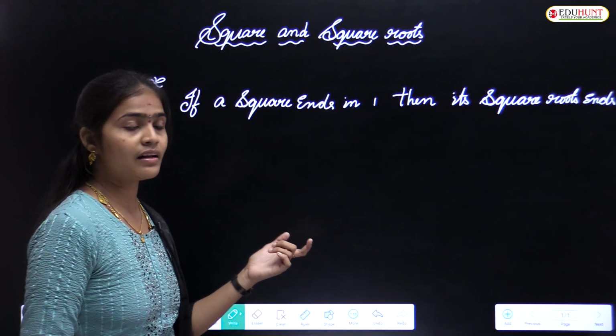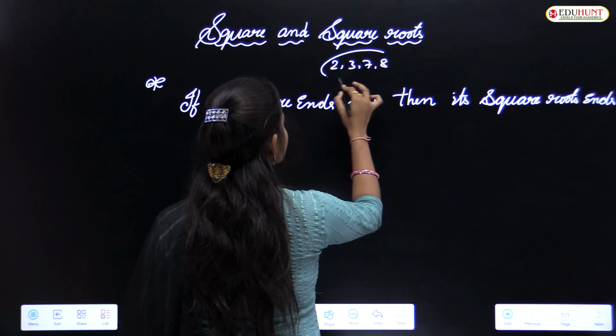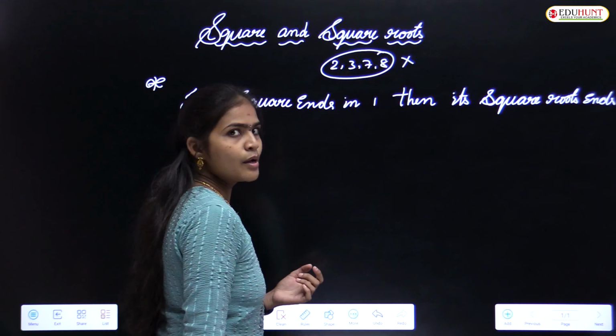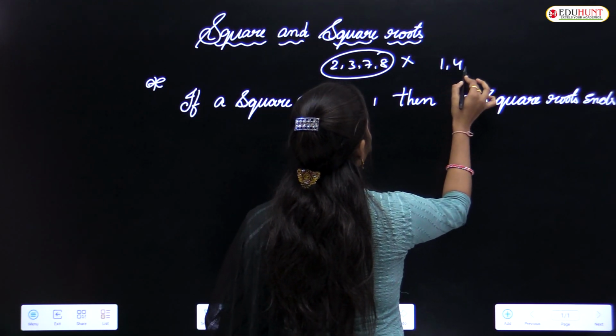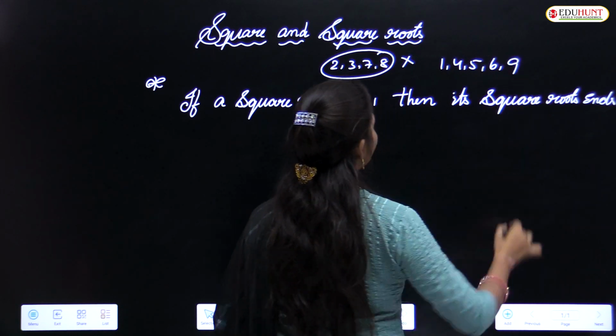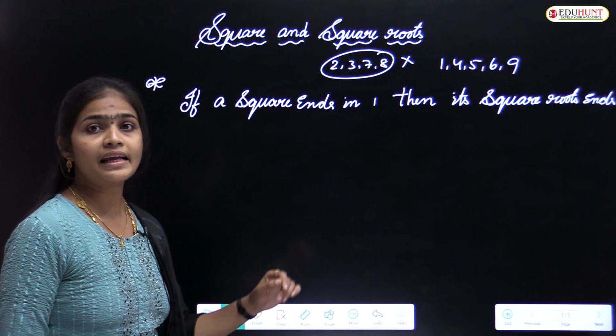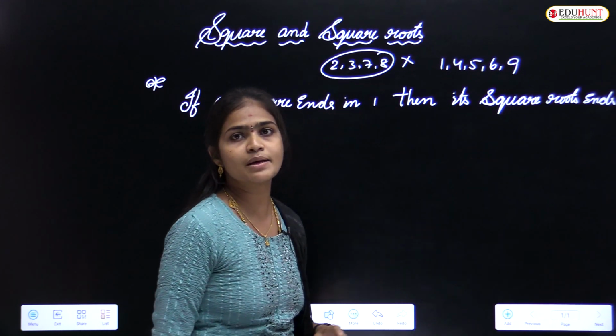In a square, if any one of the digits 2, 3, 7, 8 is there, then that is not a perfect square. What are the leftover digits? Those are 1, 4, 5, 6, and here 9. If a square number ends in 1, 4, 5, 6, 9, then it can be a perfect square.